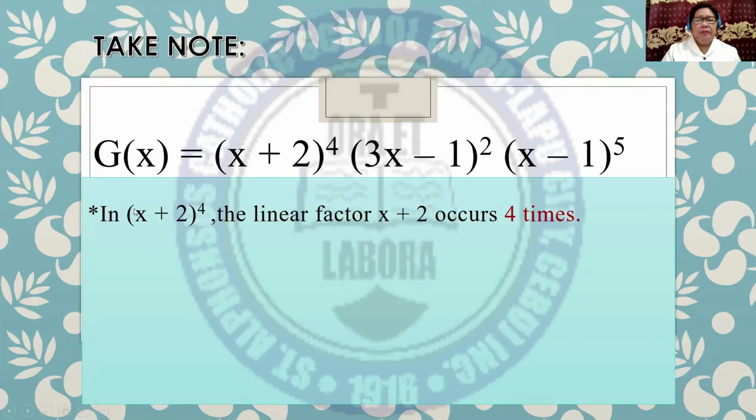Take note, in this given polynomial function, in the quantity x plus 2 raised to 4, the linear factor x plus 2 occurs 4 times. Meaning, this can be written in this form. You have the quantity x plus 2 times the quantity x plus 2 times the quantity x plus 2 times the quantity x plus 2.